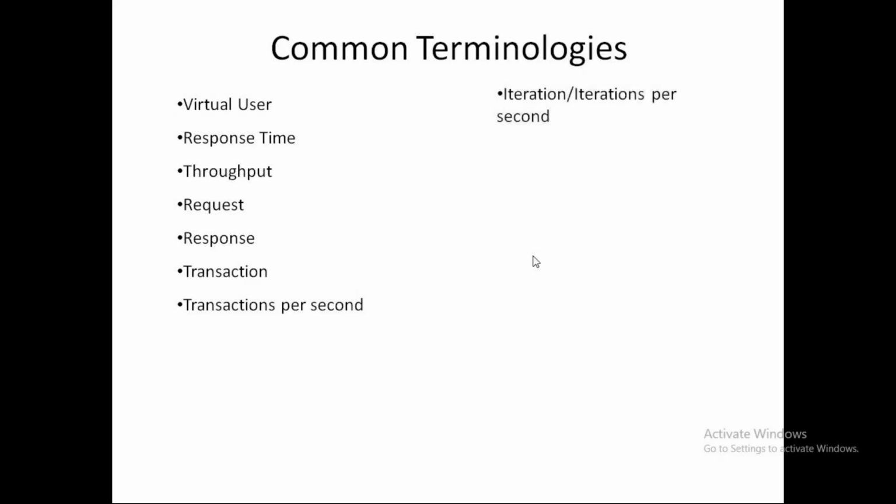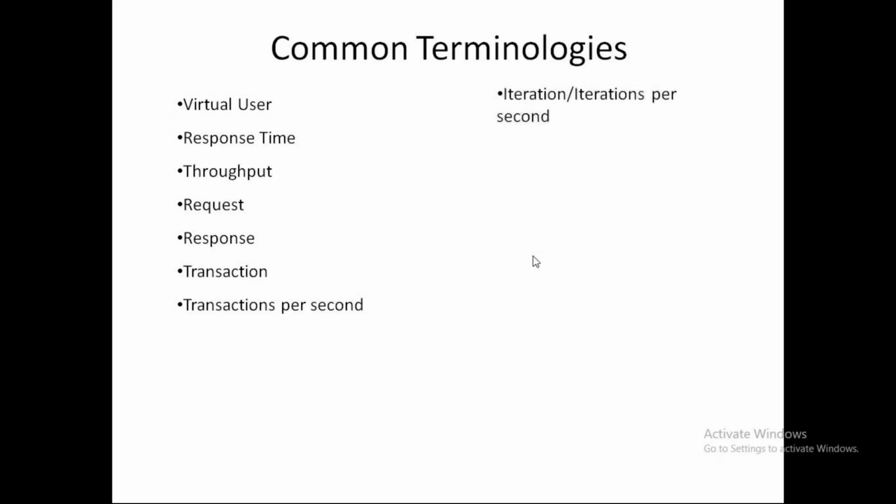Next one is iterations per second, or iteration. Iteration and iterations per second. Now, there is a difference between transaction and iteration. So for example, I want to book a flight or I want to purchase a product. So those are my business flows. I want to cancel an order. That is a business flow. So for that particular business flow, you have to do some transactions.